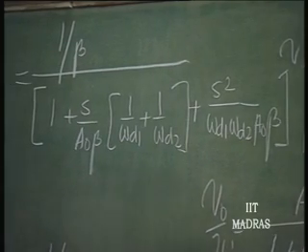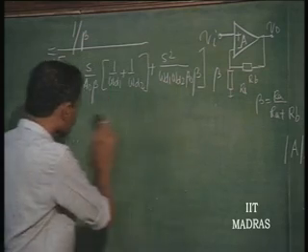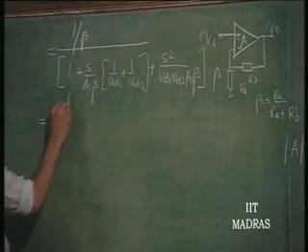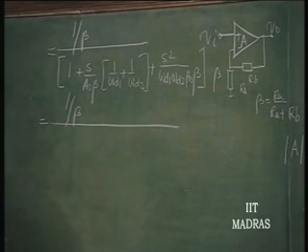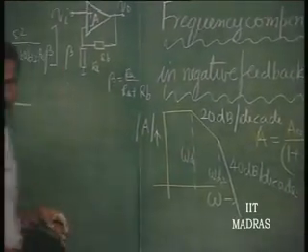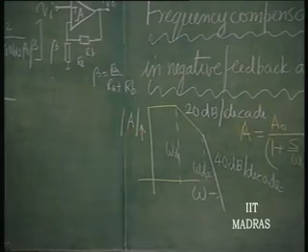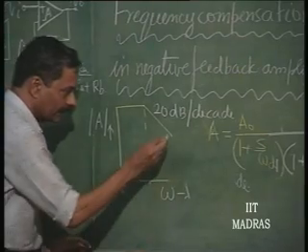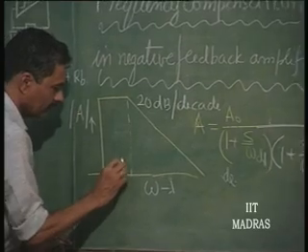Let us understand this. This can be rewritten as, look at it. This is the original thing without feedback, open loop amplifier. In the case with only one dominant pole, let me go back, it was like this. This was omega d.